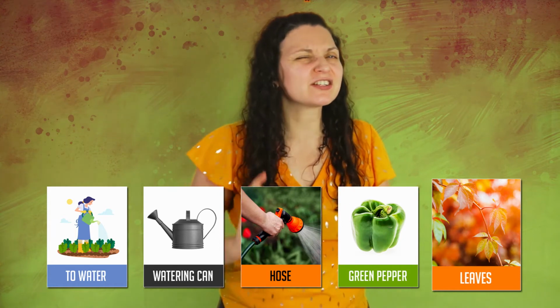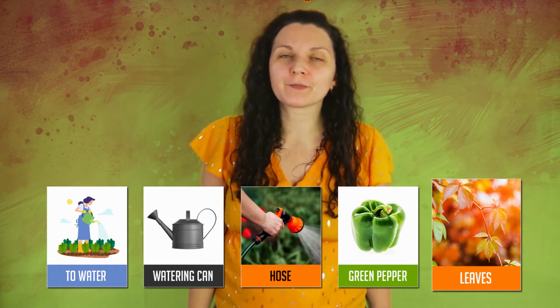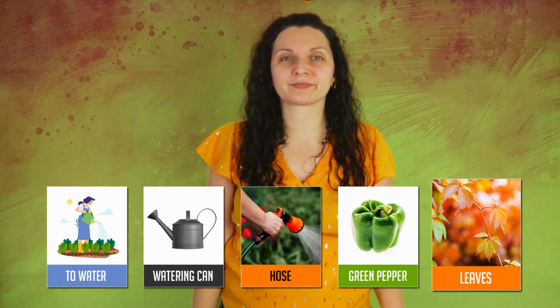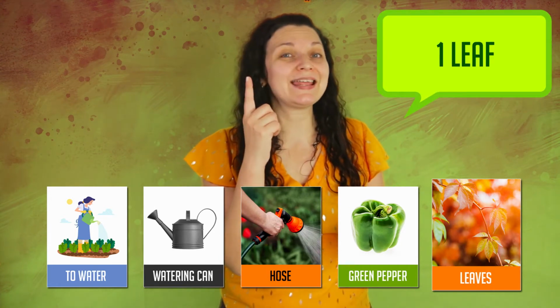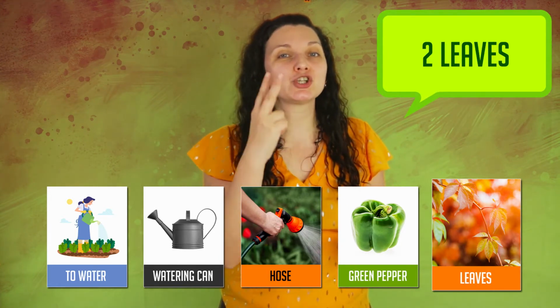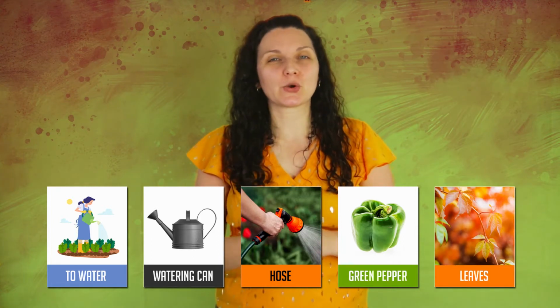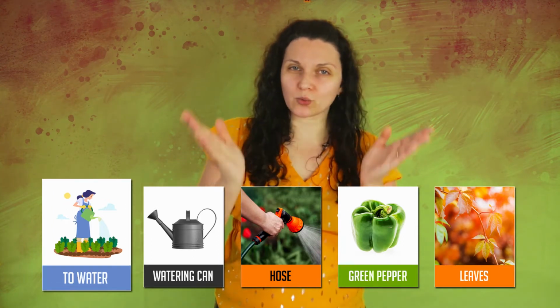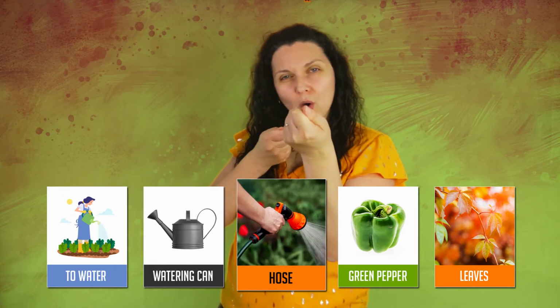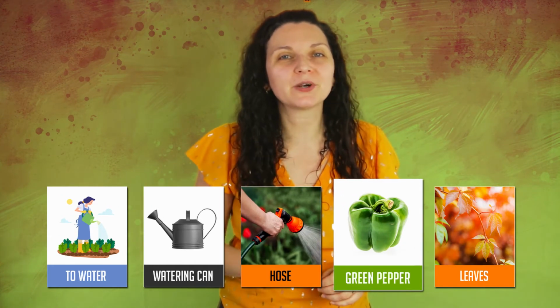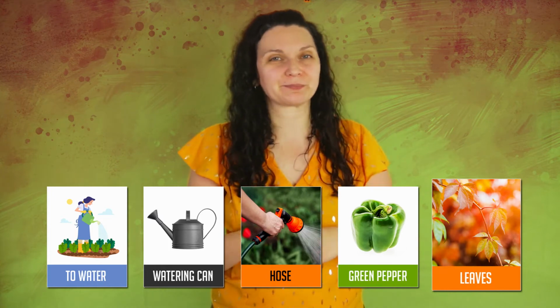Can you hear the difference? So one leaf, 2 leaves. Okay. So we have to water, the watering can, the hose, the green pepper, and leaves.